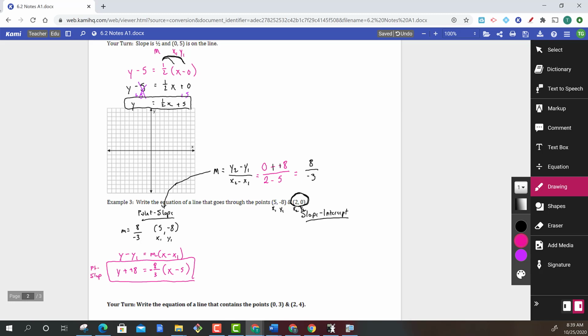And now, again, to put it in slope intercept, we just need to solve this for y. So I'm going to rewrite it. I'm going to distribute the -8/3. So -8/3 times x is just -8/3 x.